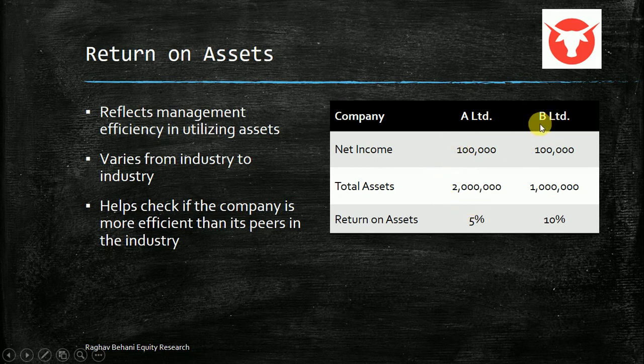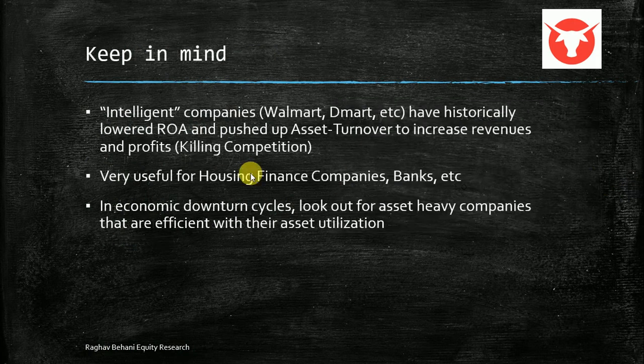B Limited generates 100,000 on 1 million of assets, which is a return on assets of 10%. Now keep in mind that some intelligent companies push up their asset turnover ratios to increase revenues and profits and thus killing competition. In such a scenario, you might see lowering return on assets.